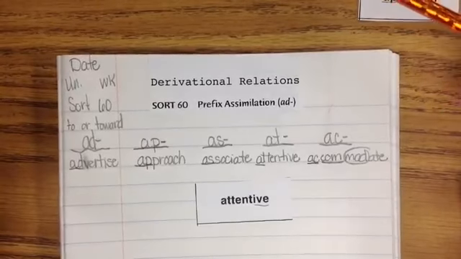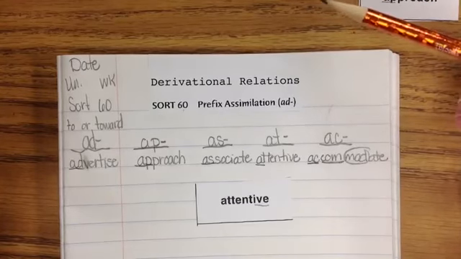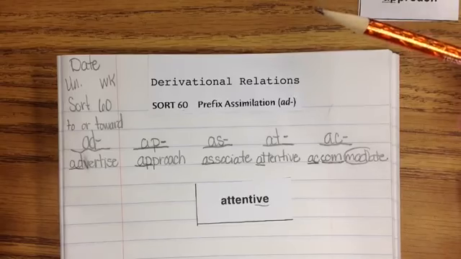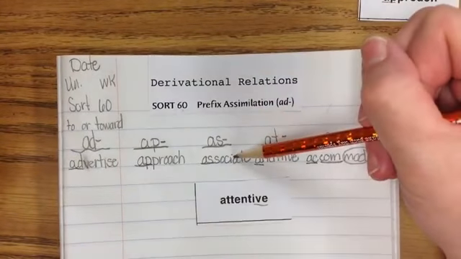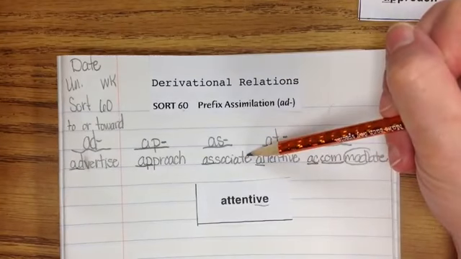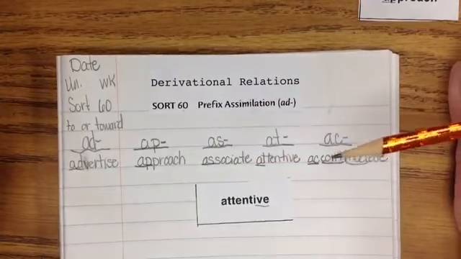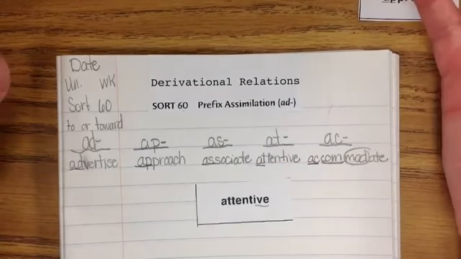We have appreciate, ATE. We have accumulate, ATE. Associate, ATE. And accelerate, ATE. So look for those ATEs, and again, those are the suffix.